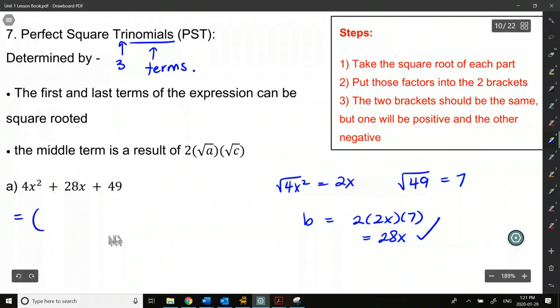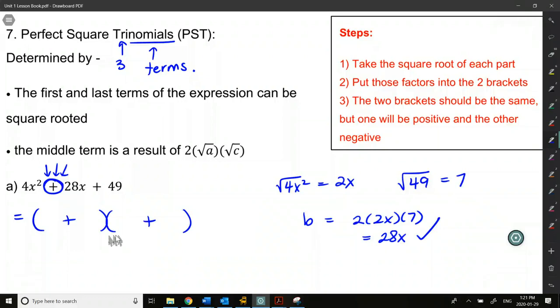So with perfect square trinomials, unlike difference of squares where we get 1 plus and 1 minus, we'll get 2 brackets that are the exact same, and they will share the sign of the middle term. So whatever that middle term is will be the sign in here. They can either be both plus or both minus.